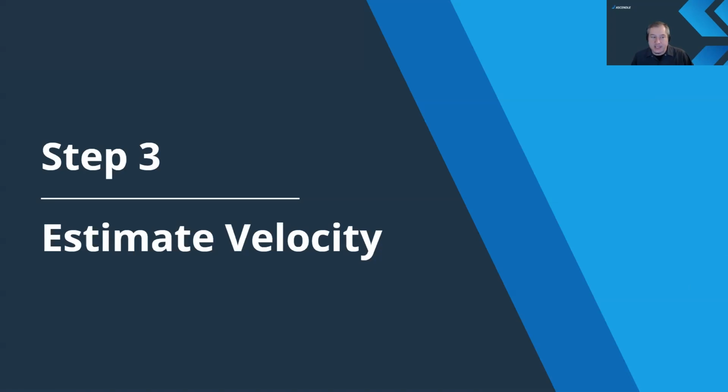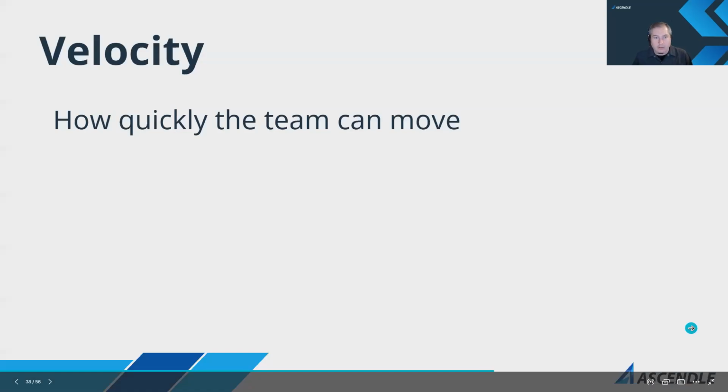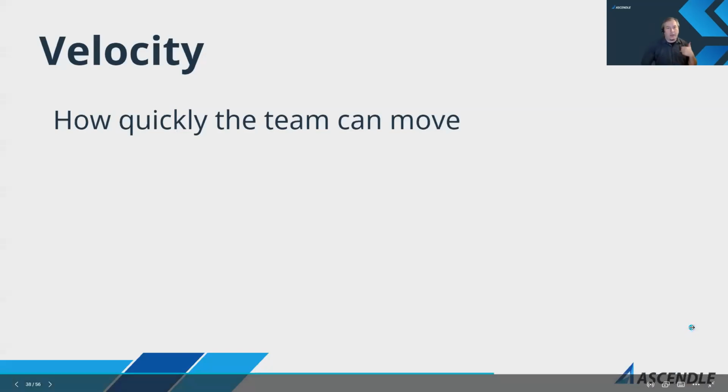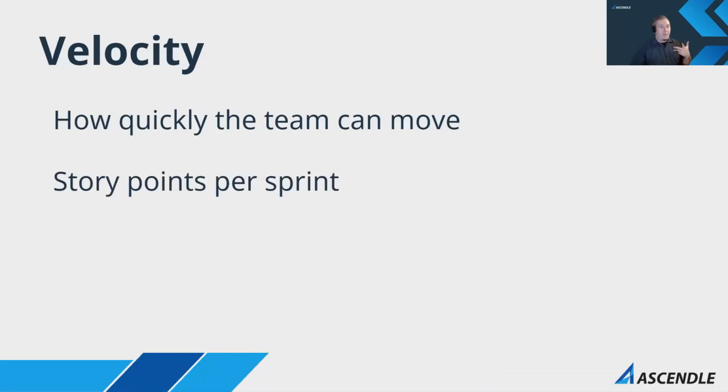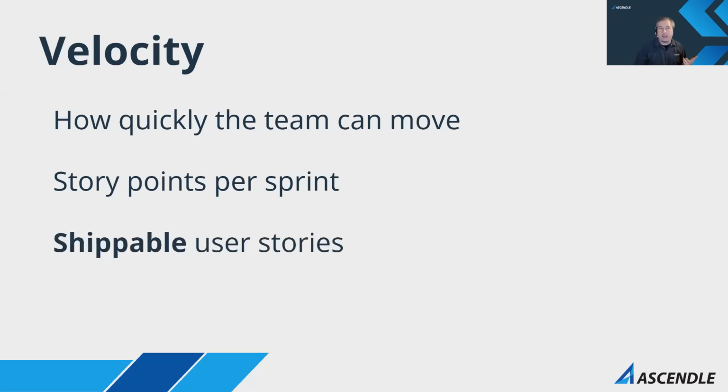Okay, so the next thing we do after we have roughly estimated the point values for our backlog is to estimate our velocity. Our velocity is a function of how quickly our team can move, how many story points we can probably get through on a per sprint basis, and that sprint being, for our case, usually about a 2-week cycle, with an emphasis on these user stories being shippable.